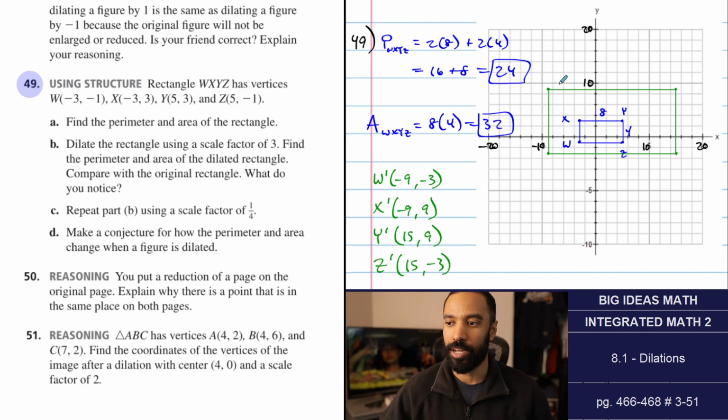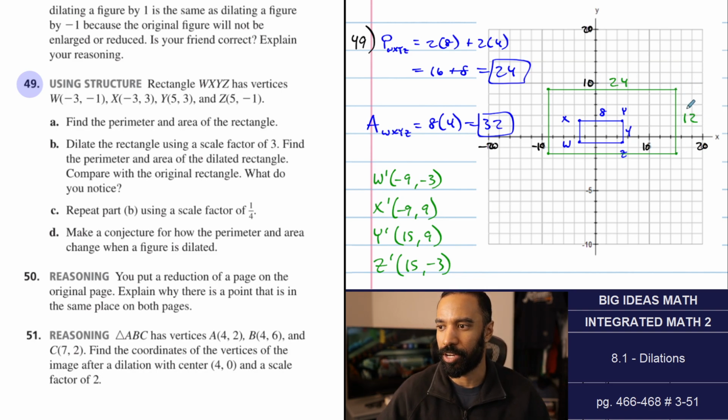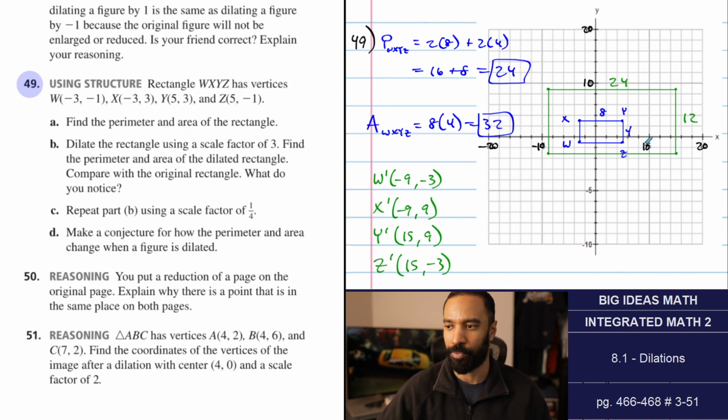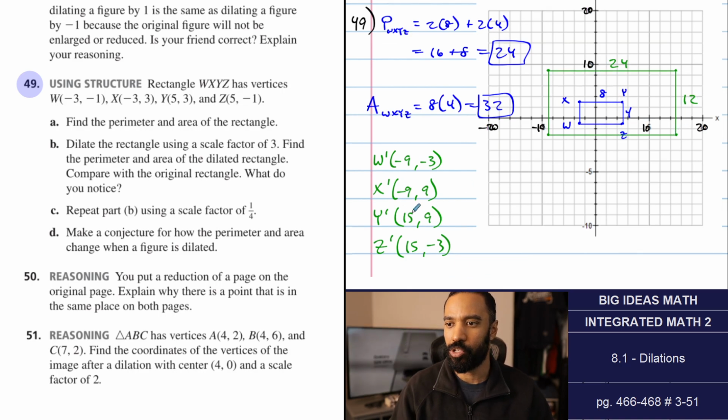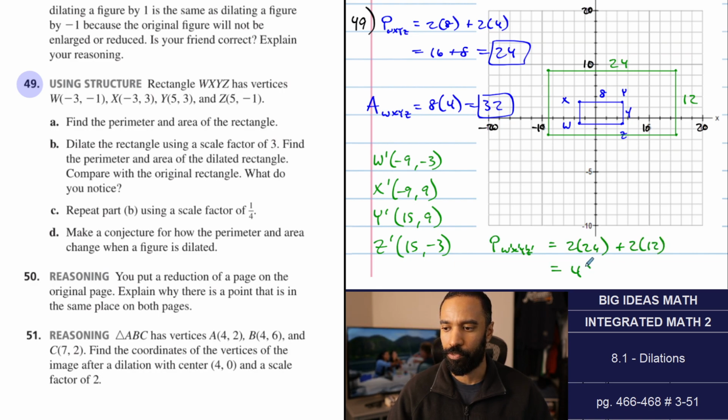Listen, this is going to now be 3 times bigger. This goes from -9 to 15. That length is 24. 3 times bigger here is 12, from 9 to -3. That's going to be 12. So now for the perimeter of W prime X prime Y prime Z prime, this is part B, this is going to be 2 24s plus 2 12s, which is 48 plus 24, which is 72.